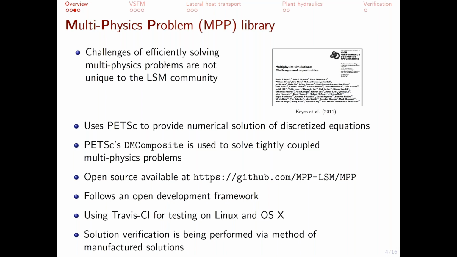Finally, we are following an open source development: the code is open source and the development is also open. We are using freely available Travis CI for continuous integration on Linux and Mac OS X. And very recently, we have started to engage in solution verification via the method of manufactured solutions for the various physics.